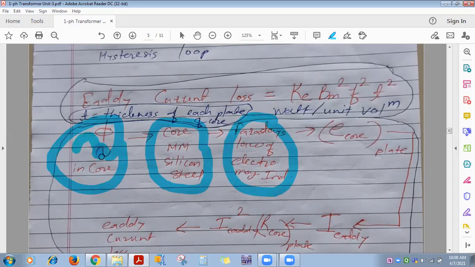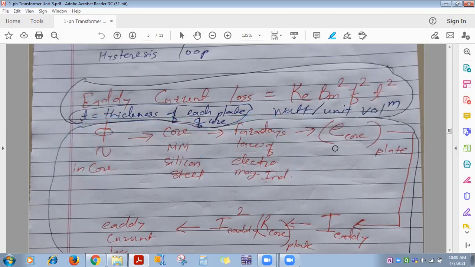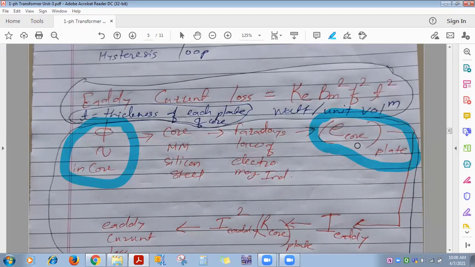As alternating flux is flowing through the core and it is coming in contact with each and every thin plate which is separated by insulating material, so in every plate EMF gets induced. Okay, we are not talking about current and conductor. We are talking about flux and core. So here also, for flux and core, you can apply Faraday's law of electromagnetic induction. Because of that, EMF gets induced in each and every plate of the core.